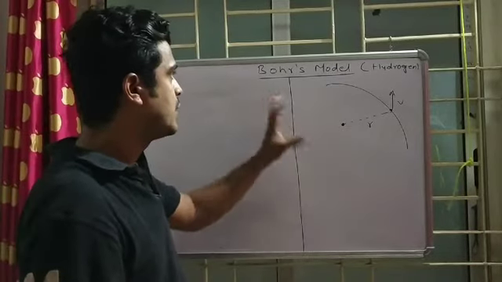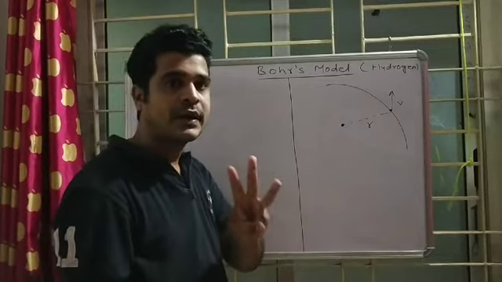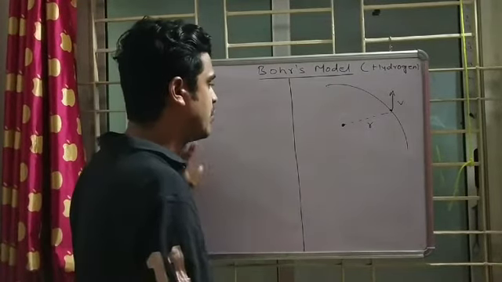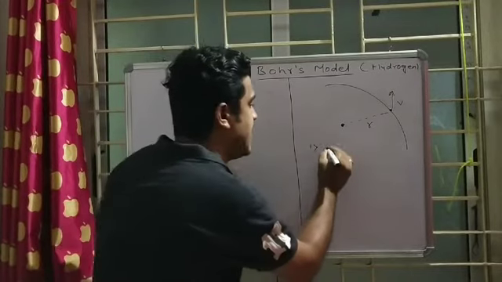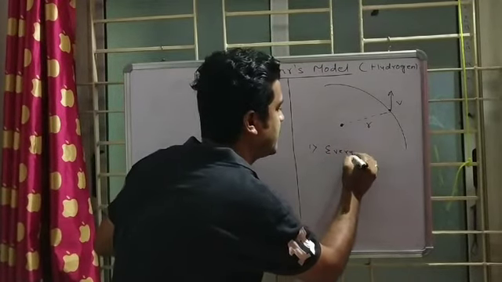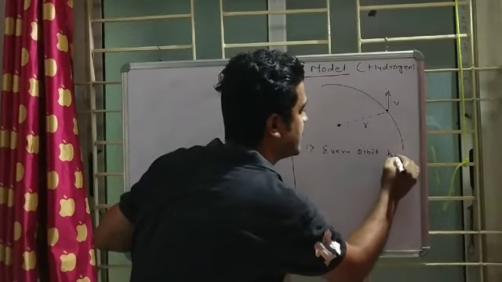Before coming here, let's discuss Bohr's model. Three important postulates were given by Bohr. I will write them one by one. First one, remember like this: every orbit has a fixed energy.